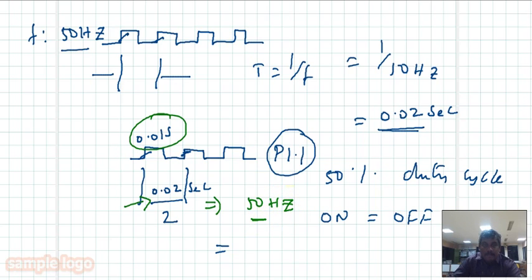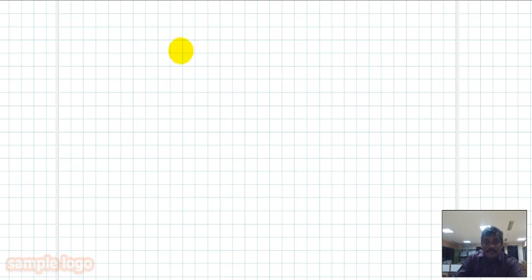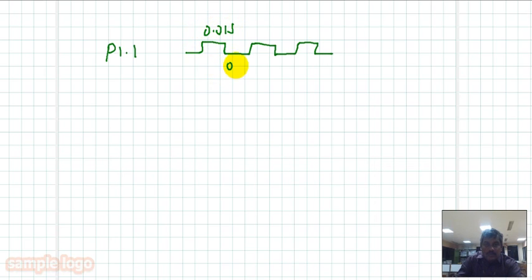Is it clear? Again, I repeat. If you complement P1.1, because you are going to generate the square waveform on P1.1, you are going to complement this pin every 0.01 second. So if we measure the time duration of one pulse, it will be 0.02 seconds.